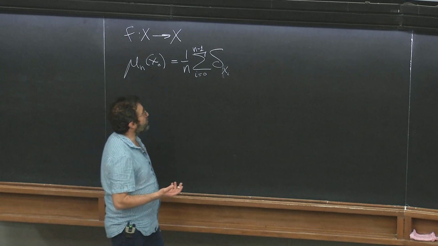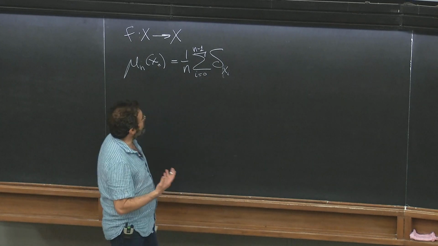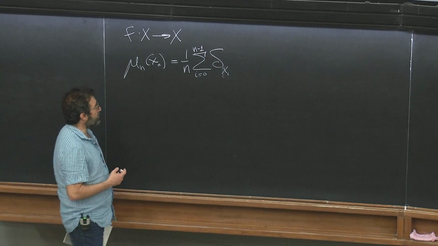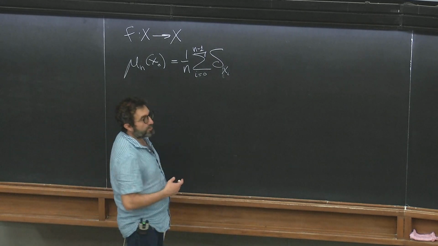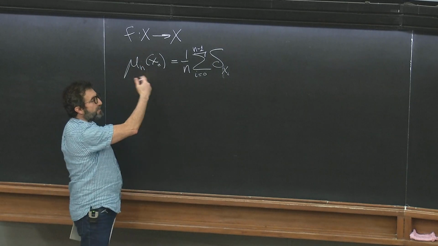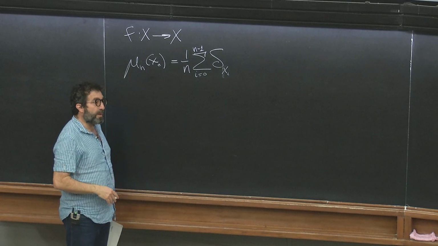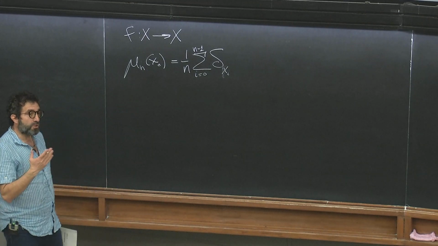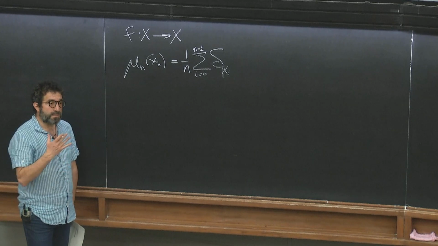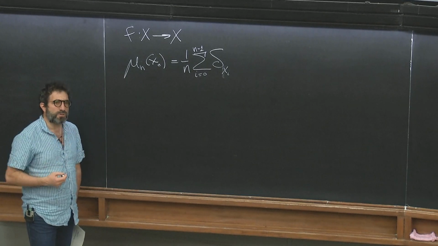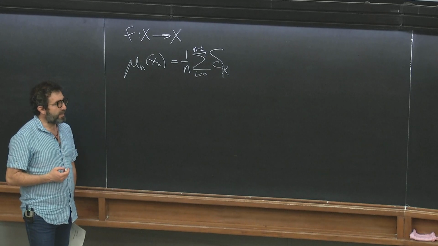So I encourage you to think carefully about the things I discussed last time, to get a better idea of what it means. In particular, I talked about the fact that this sequence of probability measures may not converge to some probability measure. If it does not converge, it is in some sense a counterintuitive situation.